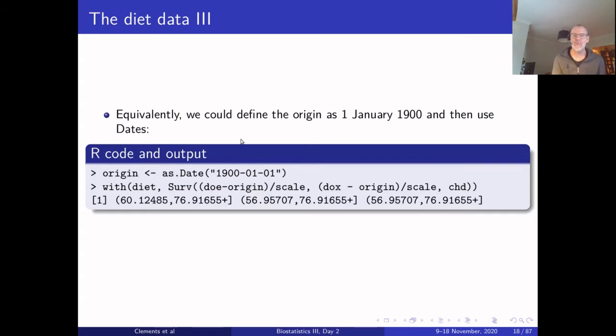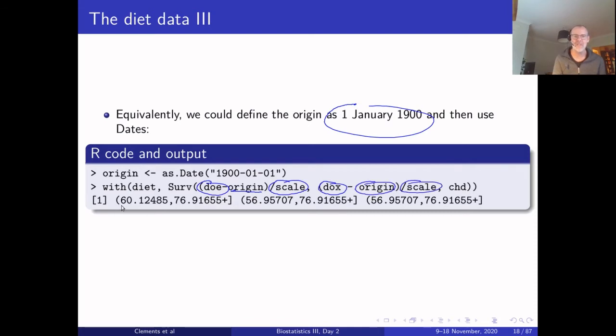We could also define the time origin as the 1st of January 1900, which is an arbitrary fixed date. Then we do the date of entry minus this time origin and express the values in years, and the date of exit minus this time origin, expressed in years.